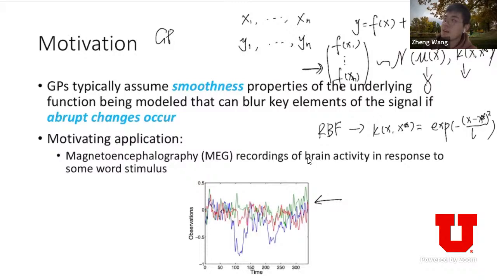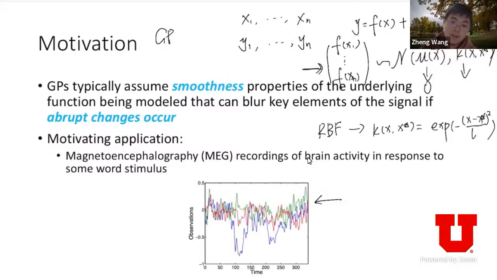Maybe in some movies we can see you just wear a helmet, and there are many sensors on the helmet, and brain activities, like electronic signals, are collected using those sensors.